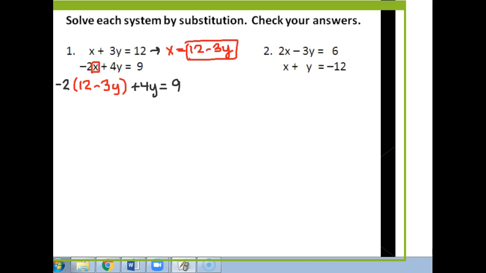So I can now distribute, combine like terms, and solve for y. All things we've done in chapter 1 and 2. So distribute. A negative times a negative is a positive. Combine like terms. So we're going to group 6y and 4y to get 10y. I'm going to add 24 so it moves to the other side.